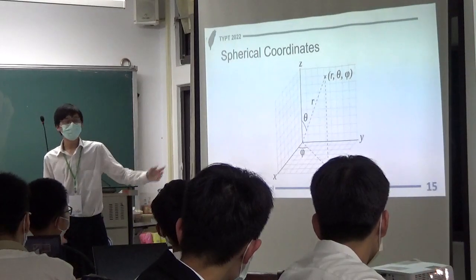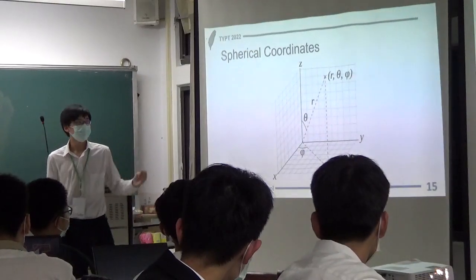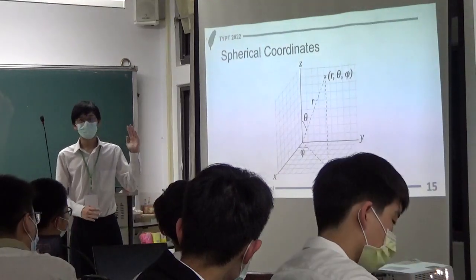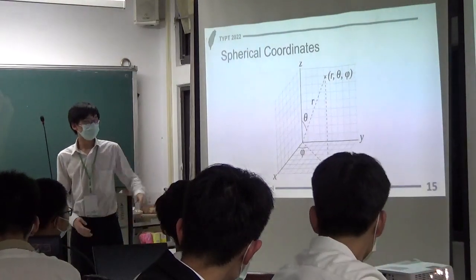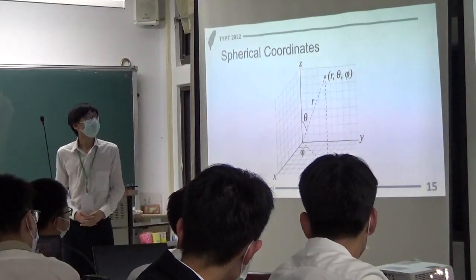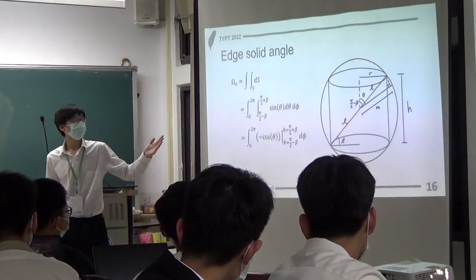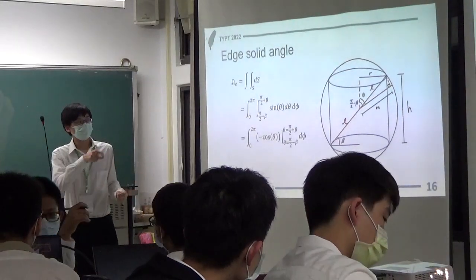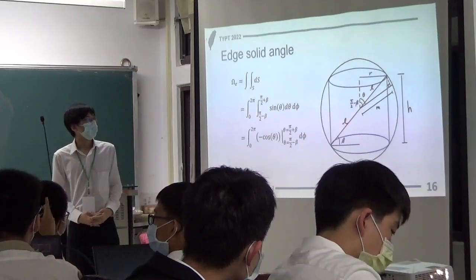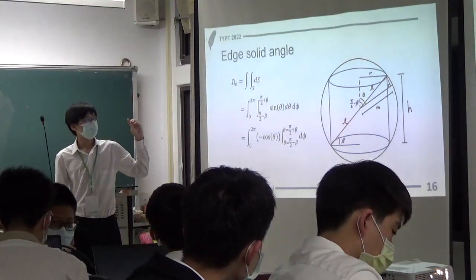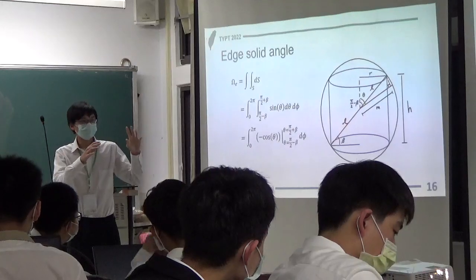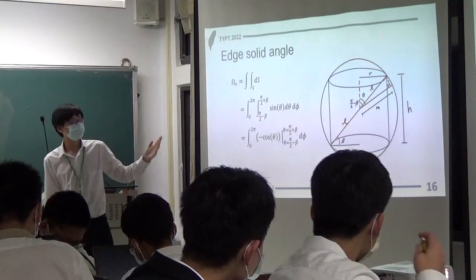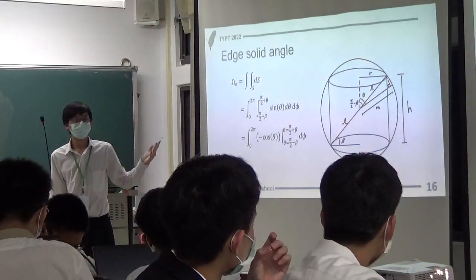And also we use spherical coordinates, which define any point in space using an r, which is the distance from the origin, a theta value, which is the angle formed with the azimuth, and phi, which is the angle formed with the x-axis. And to figure these out, we use the double integral to figure out the edge solid angle, so that middle area. And we defined it as the area described times the area coefficient dx, which is equal to sine theta d theta d phi.